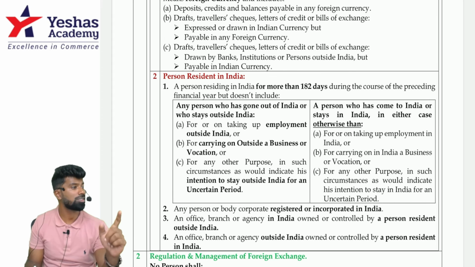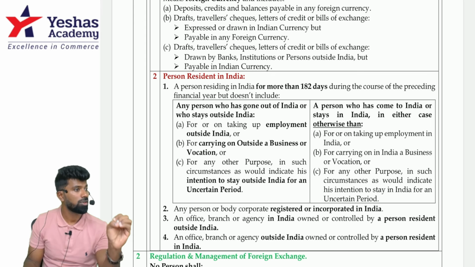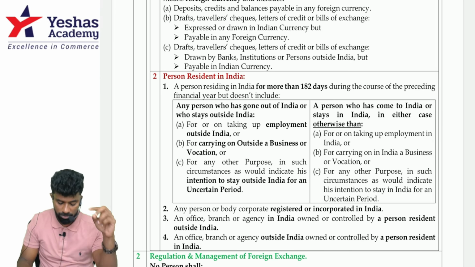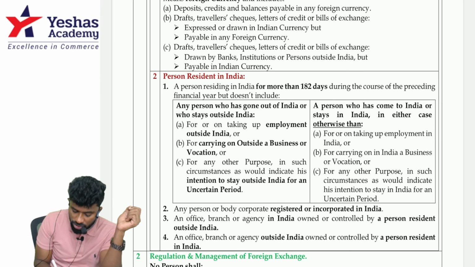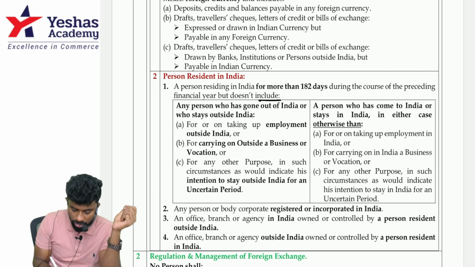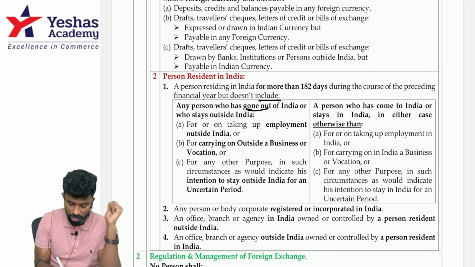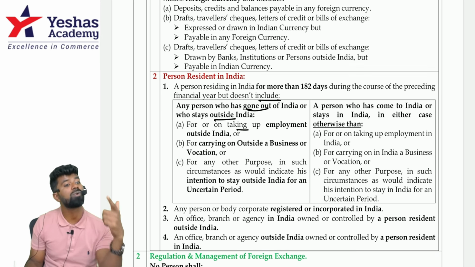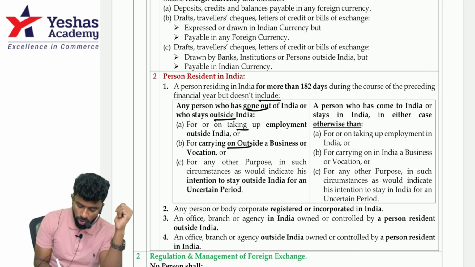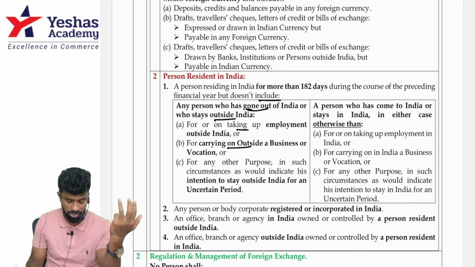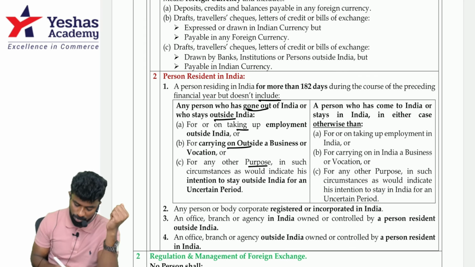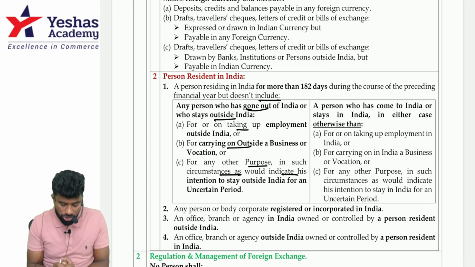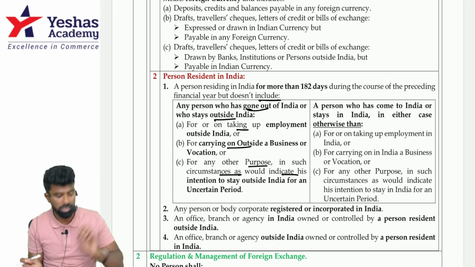What is the first one? Who is considered resident in India? Any person who has stayed in India for more than 182 days in the preceding financial year. But it does not include a person who has gone out of India or stays outside India for taking up employment outside India, or for carrying on business or vacations, or any other purpose in circumstances which indicate an intention to stay outside India for an uncertain period.